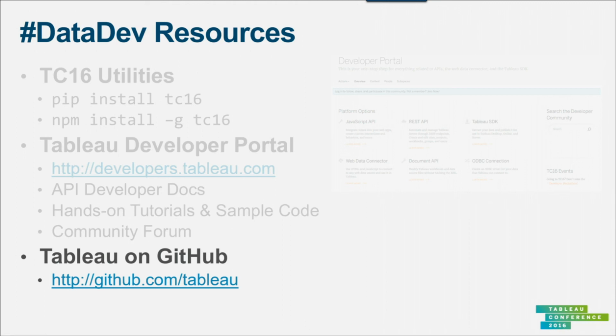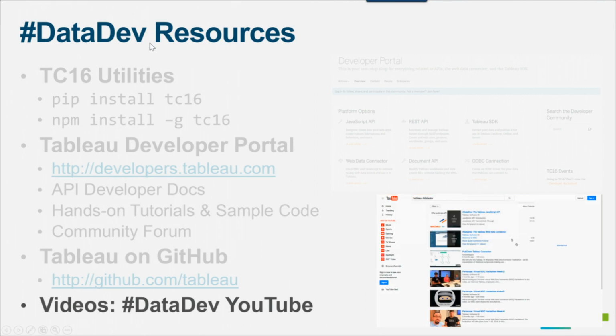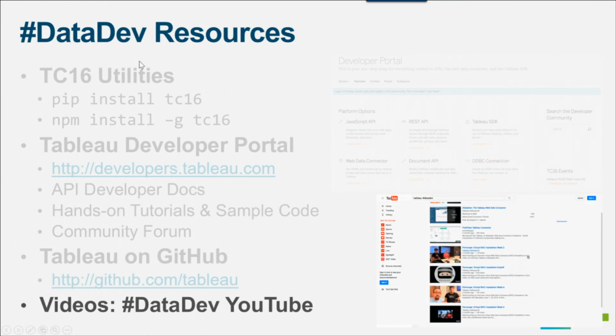Remember developers.tableau.com and github.com/Tableau. Those are your 2 entry points into all the information that we've got. We also have a set of videos on YouTube. Search the hashtag data dev to find those, and there are a bunch of them. So have a look there.